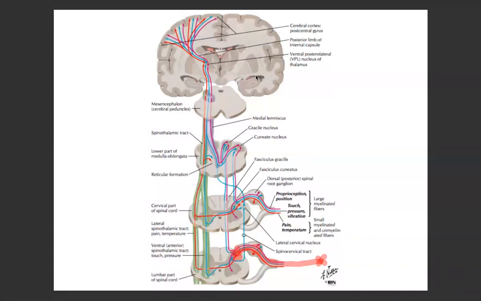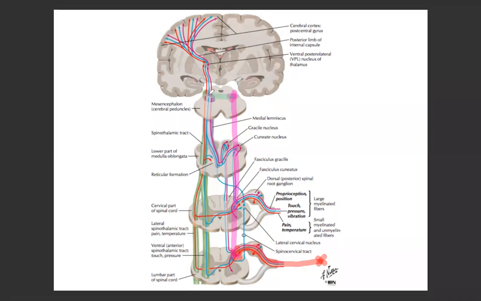بعد ذاك second order neuron هتشيل من الdorsal root ganglia وتطلع on the same side of the brain up until we reach the medulla. تمام. Now when you reach the medulla it's going to make its second order neuron, which basically crosses to the other side. تمام.